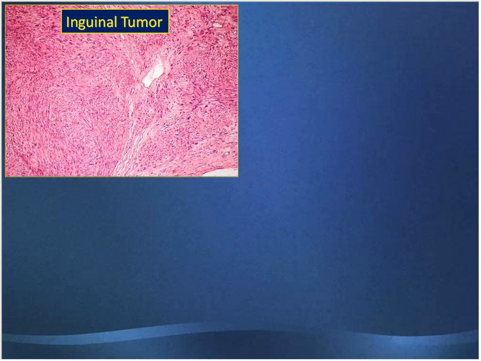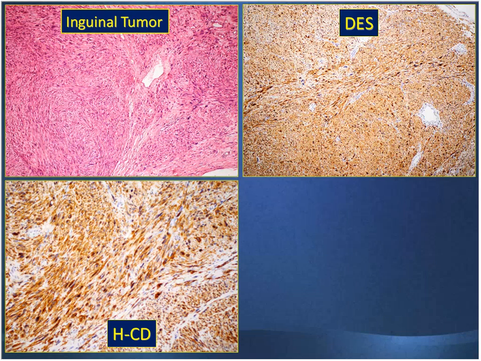That was the good news. The bad news is this is an inguinal tumor in a lady, which by hematoxylin and eosin looks like a smooth muscle type of tumor. And we confirmed that by staining positive for caldesmon and desmin.